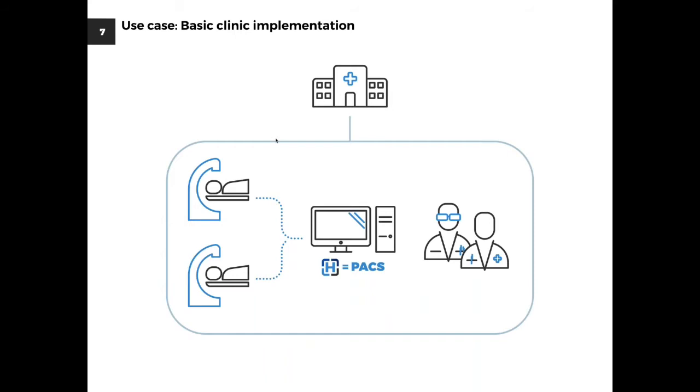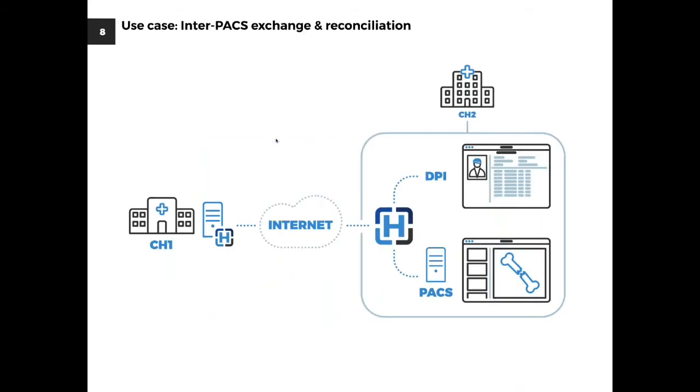I'll now run through a series of use cases, the first of which is a basic clinic implementation where Orthanc can run as a PACS. It's been done in hundreds of hospitals across the world, mostly in lower income countries. This is a setup that we've basically created at Osimis.